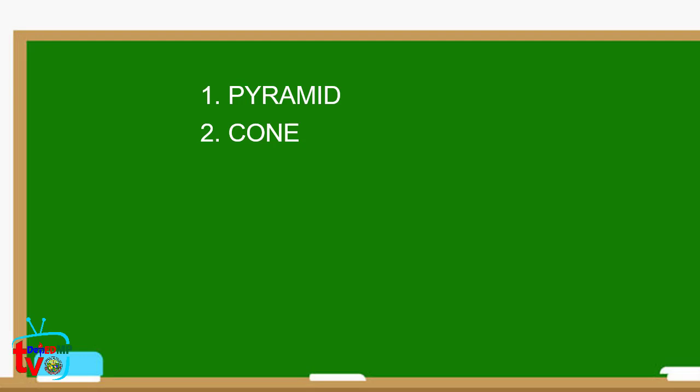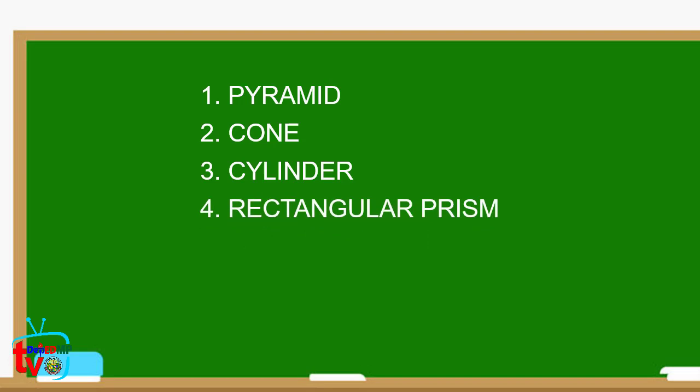Number 2, cone. Number 3, cylinder. Number 4, rectangular prism. And number 5, sphere.